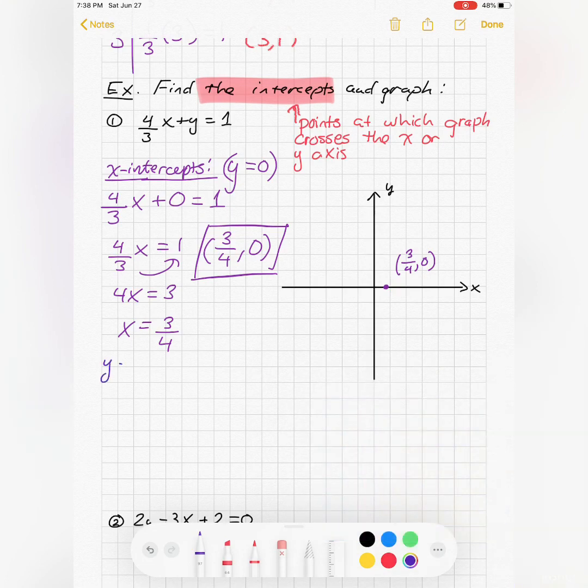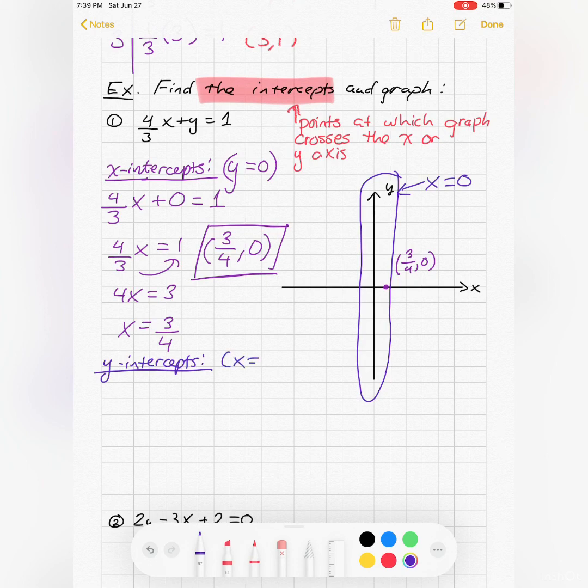Okay, what about y-intercepts? To find y-intercepts, I'm looking for places here on the y-axis. So on the y-axis, I haven't gone left or right. So I set the x equal to 0 to find points there.